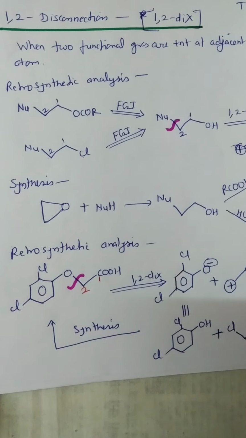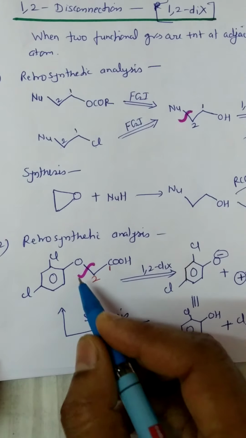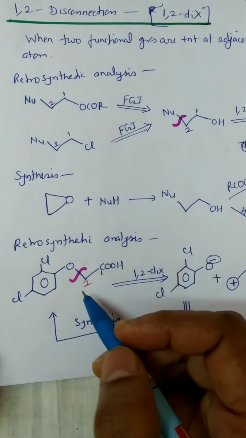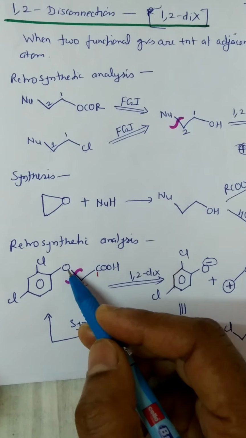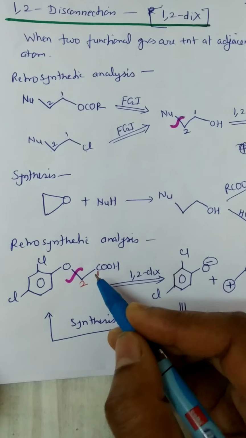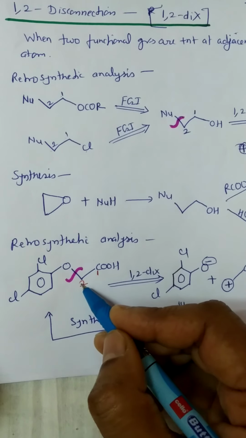Now, the retrosynthetic analysis of 2,4-dichlorophenoxy acetic acid. Here, according to the second guideline, we disconnect after the heteroatom, and according to 1,2 disconnection, we also disconnect after position 2.